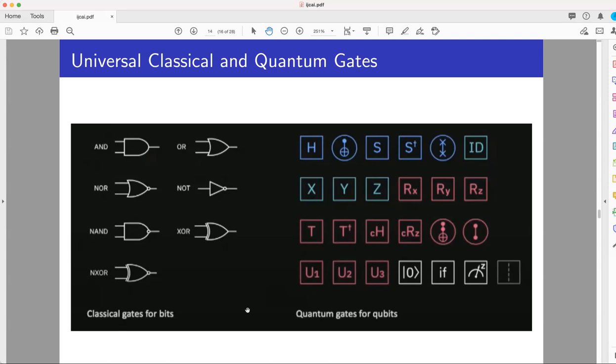Because each universal quantum gate corresponds to a matrix, it has more representation power than classical universal gates. It means that you may use many fewer universal quantum gates to realize many complicated target functions.